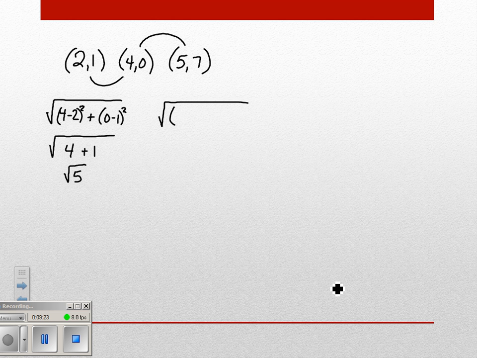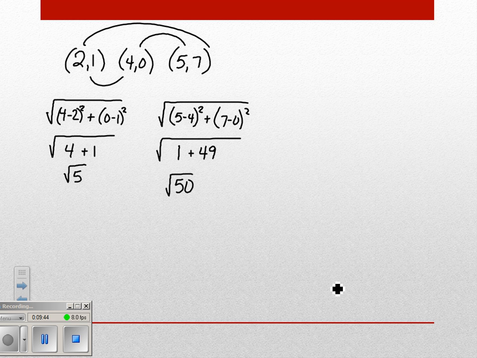So we would have (5 minus 4) squared plus (7 minus 0) squared, which is 1 plus 49, or the square root of 50, right? Then the other 2 points. We'd have the first and the third one we have to find the distance between.